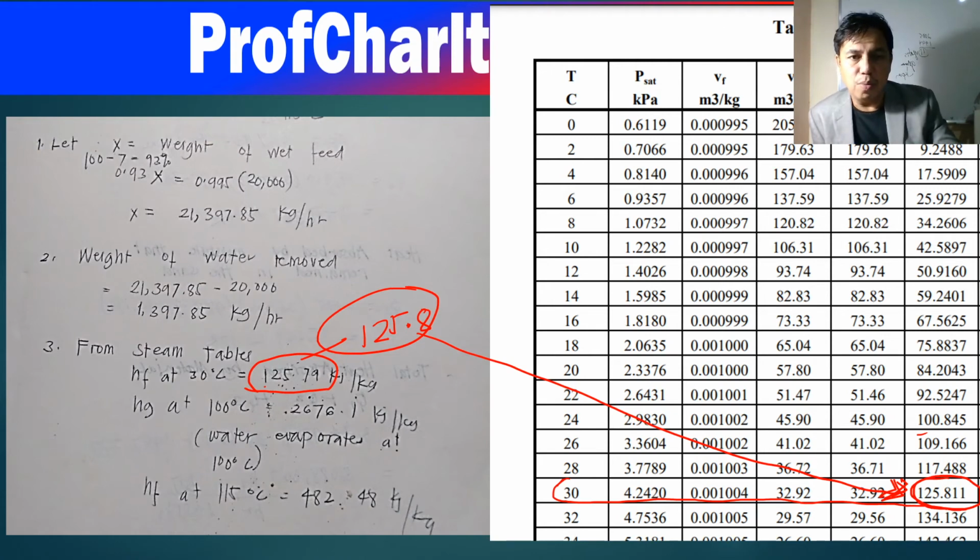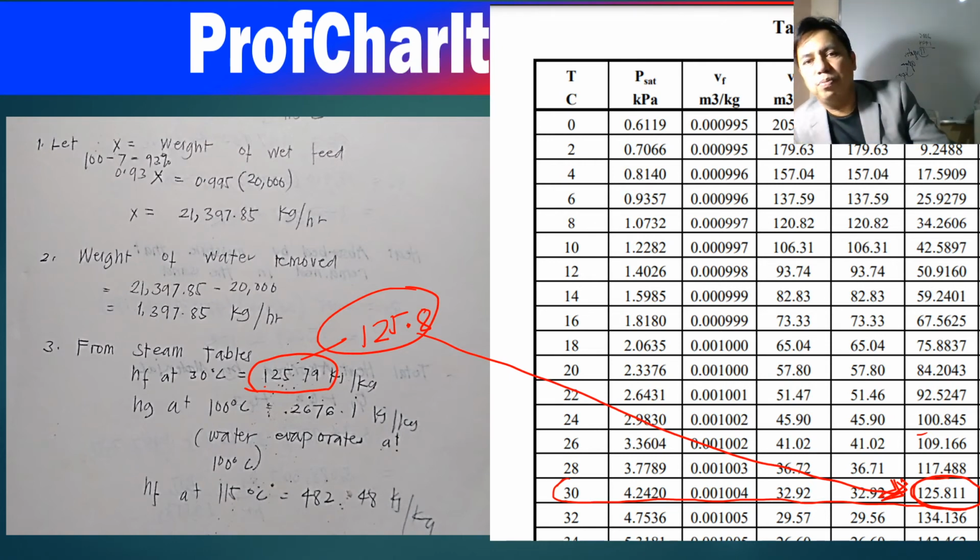It starts to boil, then it becomes 100 degrees centigrade steam or vapor. So there's no change in temperature. That's why it is called latent heat of vaporization.